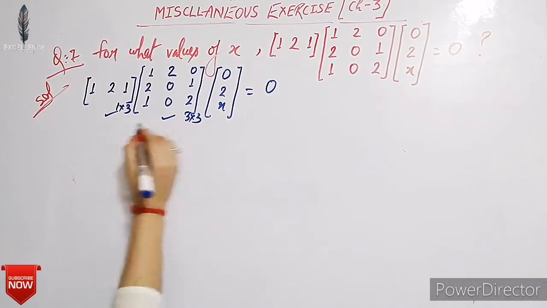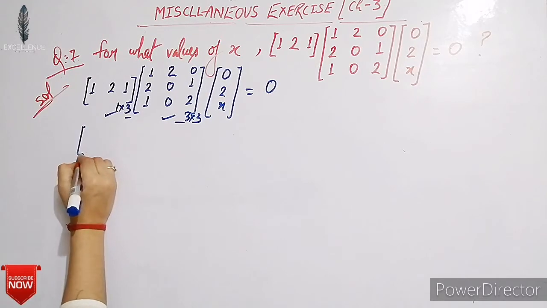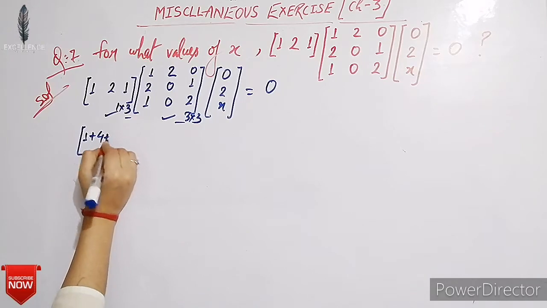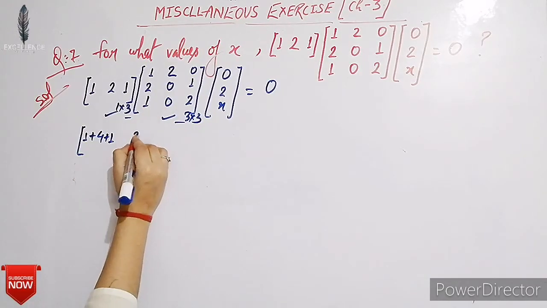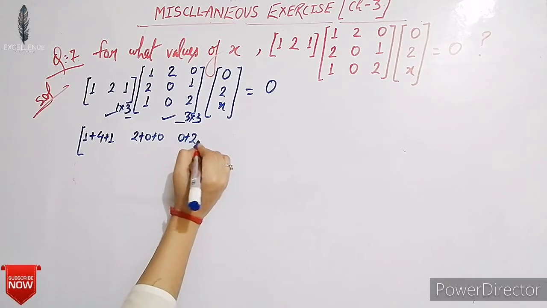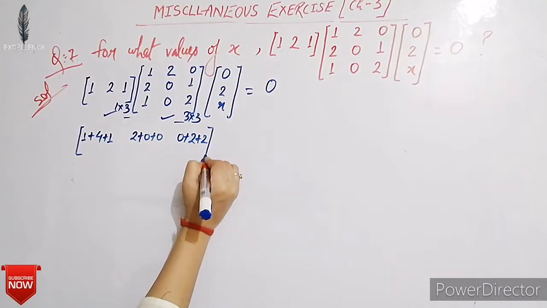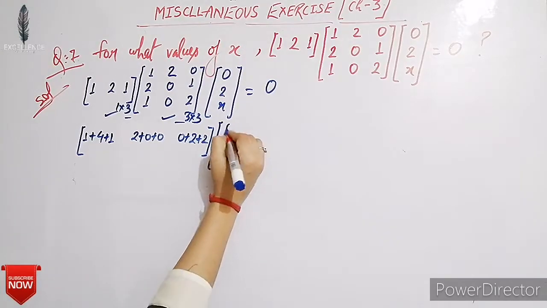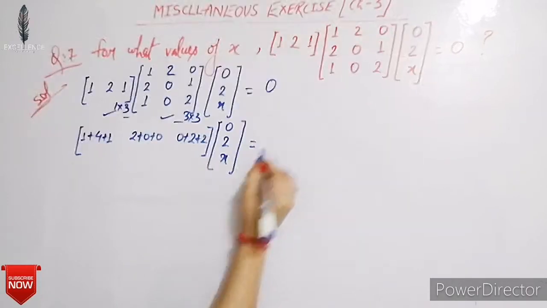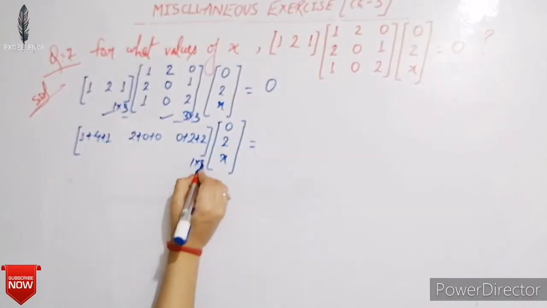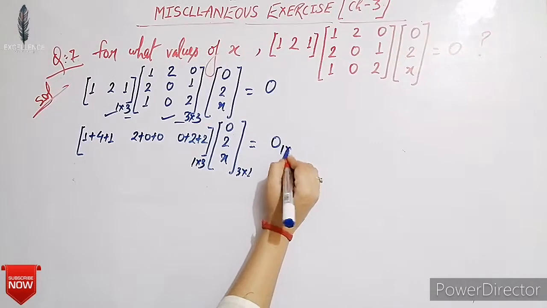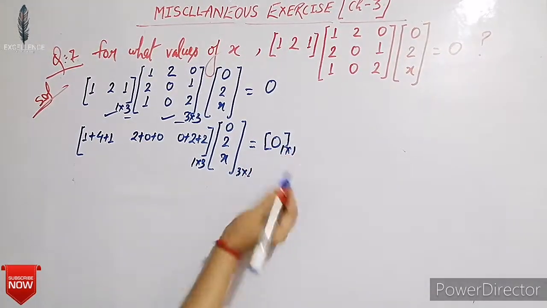First is of order 1 into 3, second is of order 3 into 3, so we can multiply easily. So the first element we have 1 plus 4 plus 1. Now first row by second column we have 2 plus 0 plus 0. First by third, we have 0 plus 2 plus 2. This is multiplied with the column matrix 0, 2, x, equal to the 0 matrix. So here it is 1 into 3, 3 into 1, so here we have a 0 matrix of order 1 into 1.